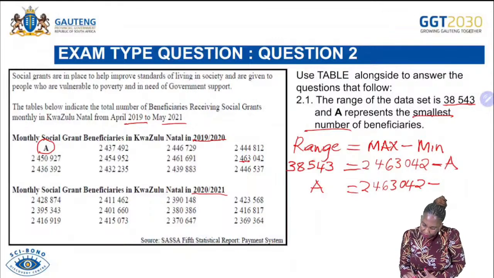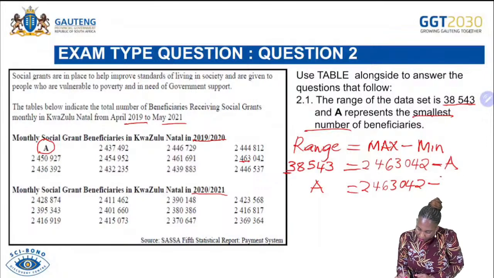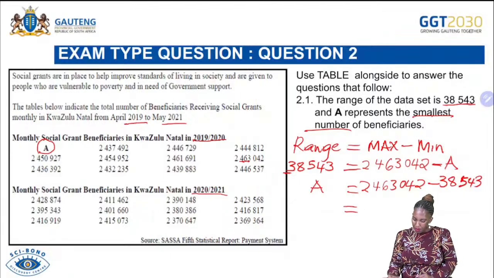Because it's positive on the left hand side, when we bring it over the equal sign, it becomes negative. Now as it becomes negative, it means we subtract it this side, it will be 38,543.